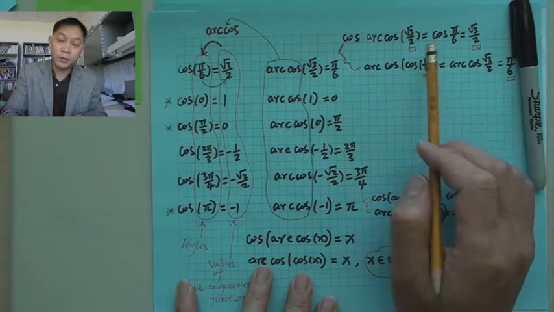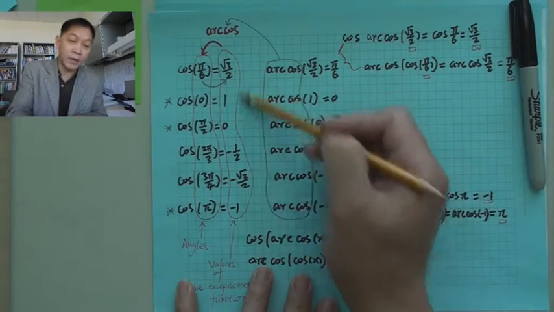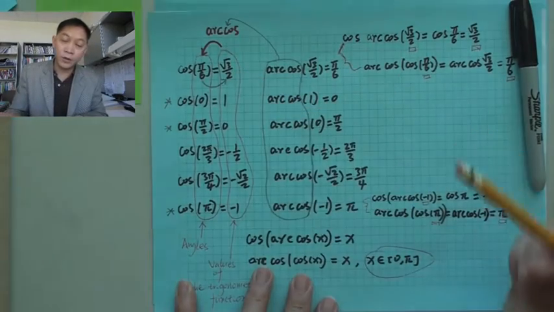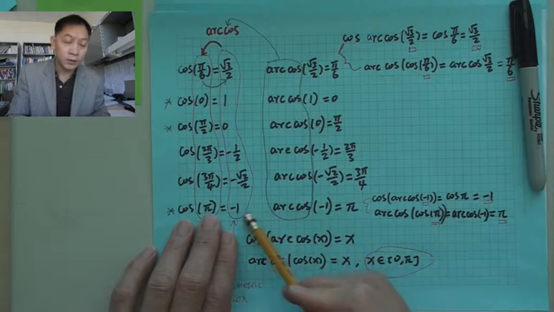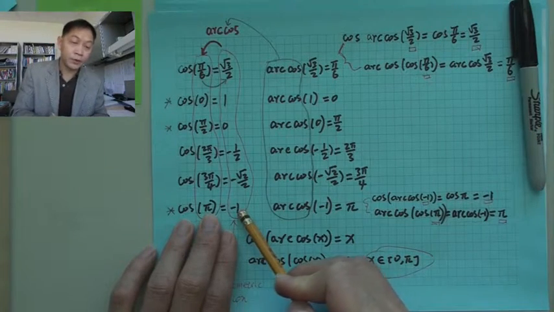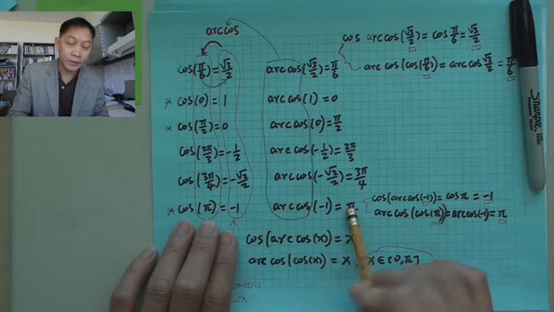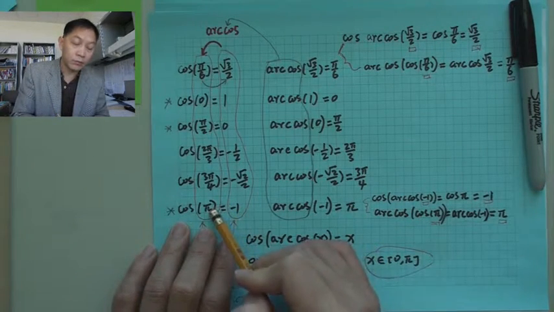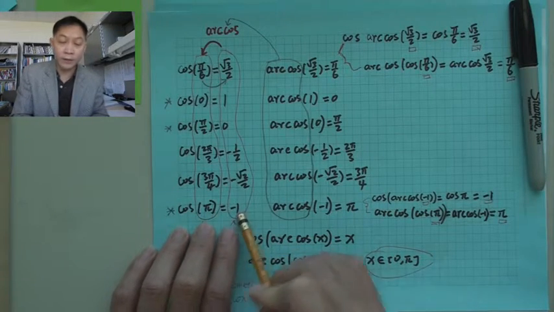This is started from the right-hand side, this value. If you look at this one, it is the same. -1, using arc cosine, you go back to find pi. And then using cosine acting on pi, you get -1.